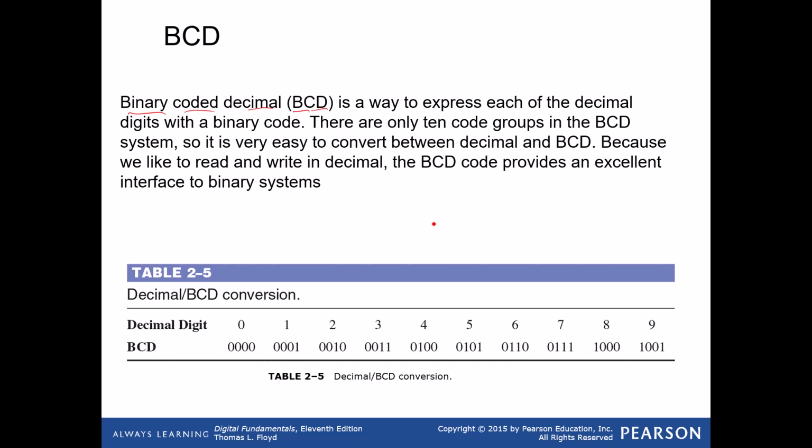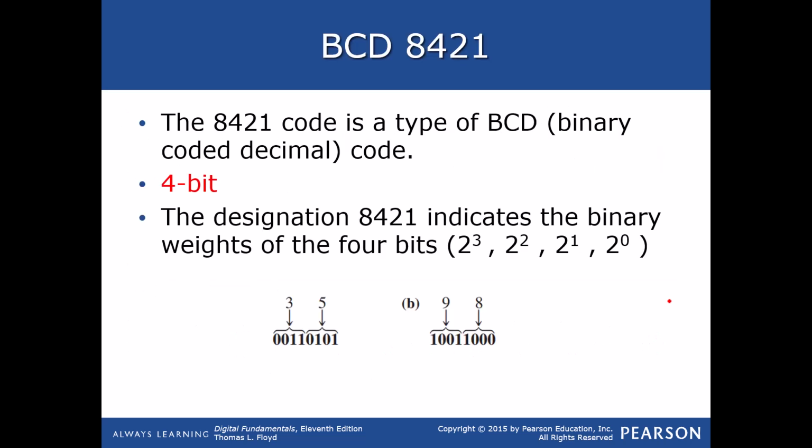So people thought, let's just represent the decimal digits, from 0 to 9. These are their representations, and we're going to deal with them as if they were decimal. See what we mean by that.